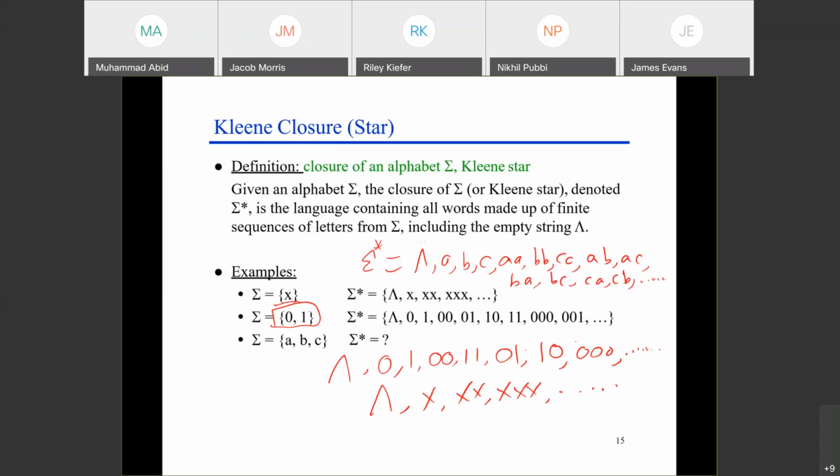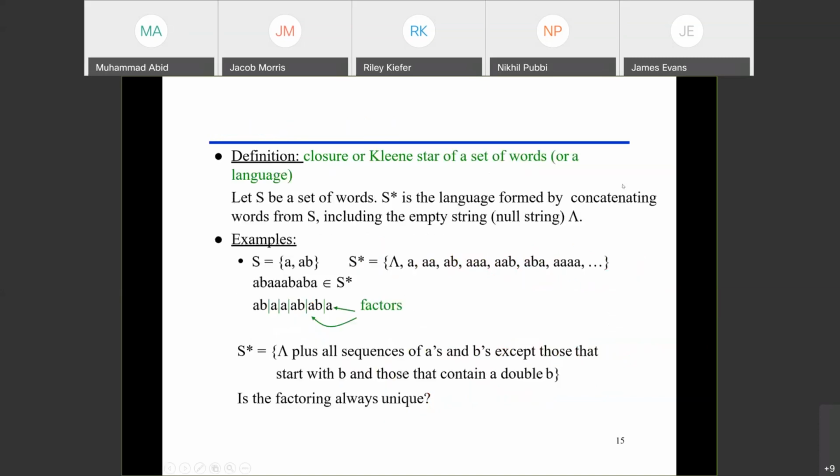Lambda is also there. So this is basically the language of the Kleene star of this alphabet. I hope you understand this. So this is your Kleene star.